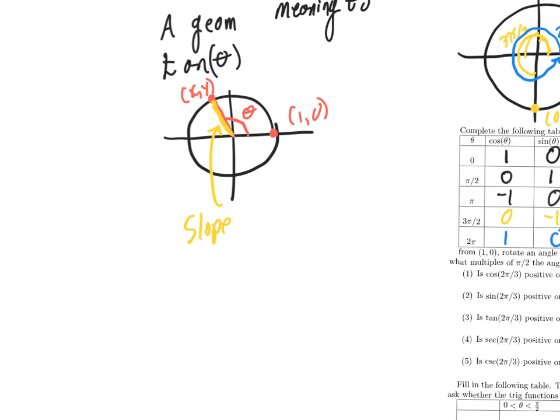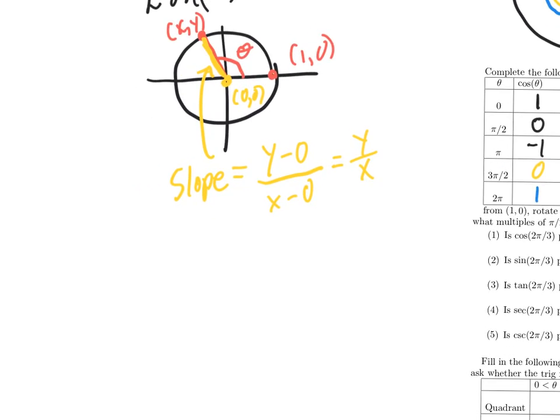Well, the slope of that line is change in y over change in x. So this is a line from the point 0, 0 to some point x, y. So the change in y is y minus 0. Change in x is x minus 0. That's y over x. But if you recall, the definition of tangent of theta is the y-coordinate divided by the x-coordinate. That's exactly tangent of theta.